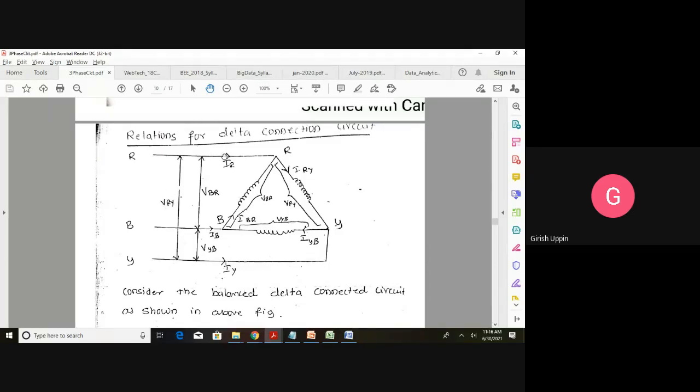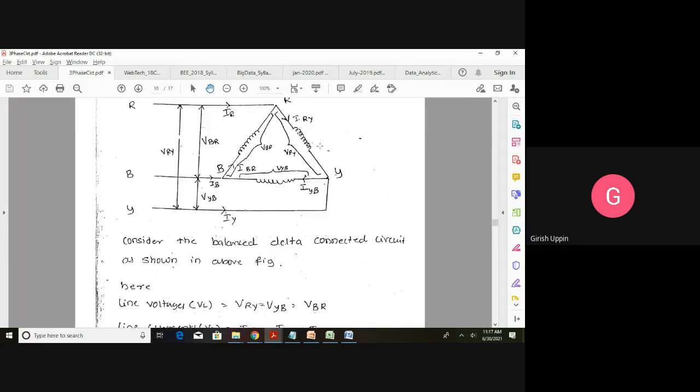If I extend this terminal to this point, what I am saying is, I am seeing the voltage between R and Y. So whatever voltage I am trying to measure between terminals R and Y is nothing but the voltage between this point and this point. That is nothing but the voltage across the phase, right? That is VRY. Therefore, the line voltage is equal to the phase voltage. That is VL is equal to V phase in case of a delta connection.